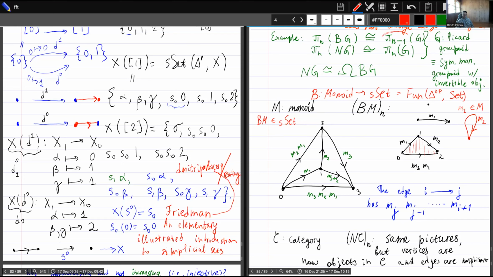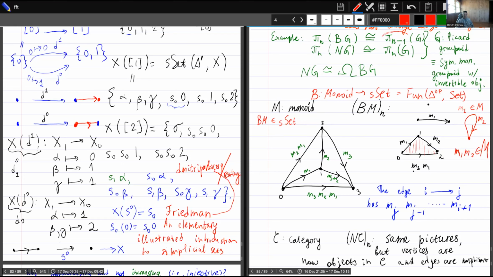So each of those edges is labeled with an element of our monoid. M1 and M2 are elements in my monoid, capital M. The edge from 0 to 2 is also labeled by an element of capital M. But this element is not arbitrary. It's equal to the product of M1 and M2.